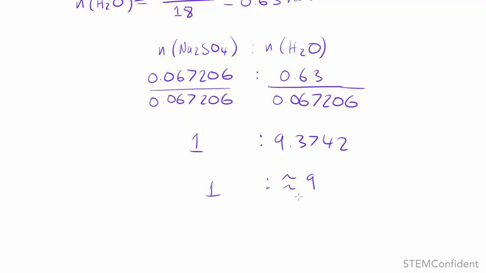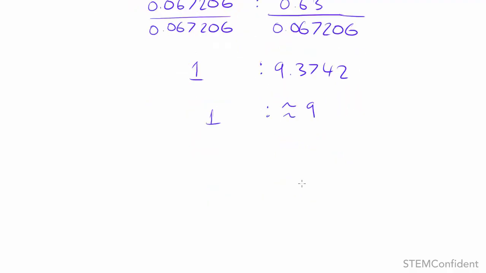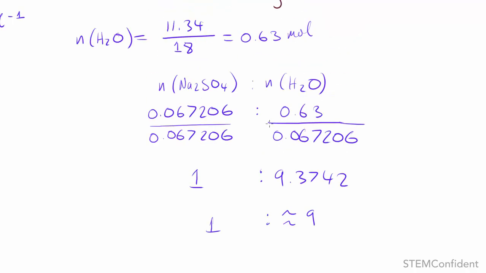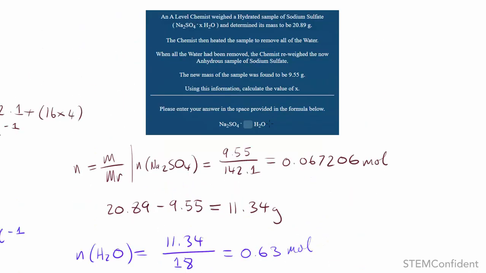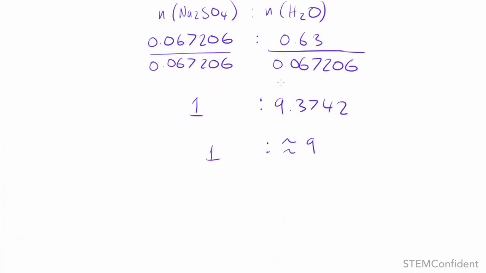On that basis, I'm able to say that the value of x is 9. So the formula is Na₂SO₄.9H2O, using the value of x that we've just determined.